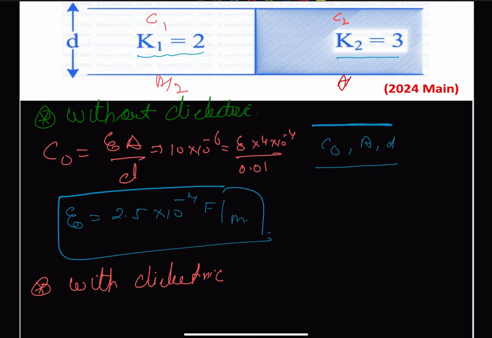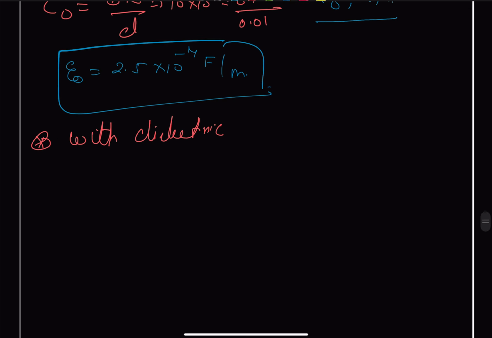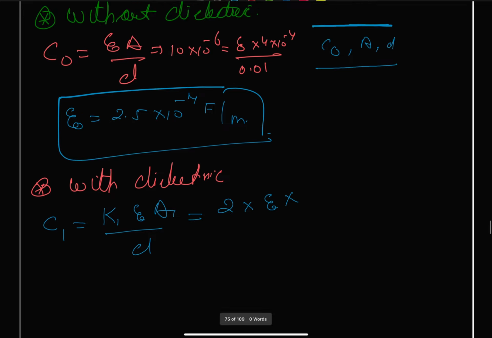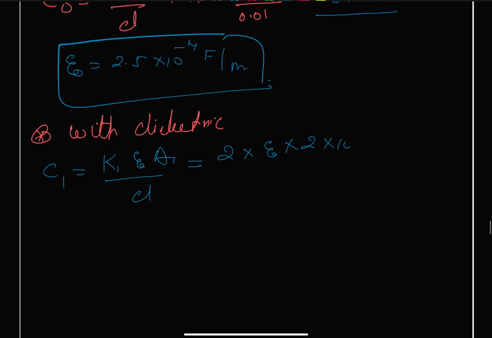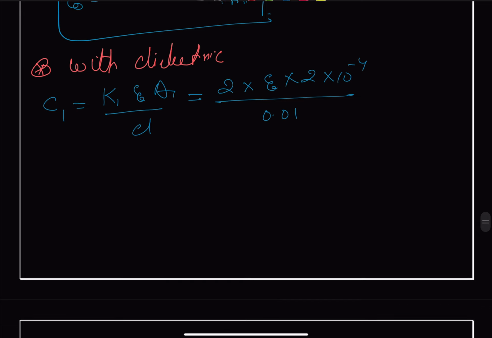So C1 is equal to K1 epsilon naught A1 by D, which gives 2 multiplied by epsilon naught, and the area is now half, that is 2 into 10 to the power minus 4, with distance the same, 0.01. Similarly C2 is equal to K2 epsilon naught A2 divided by D, which is 3 epsilon naught into 2 into 10 to the power minus 4 divided by 0.01.